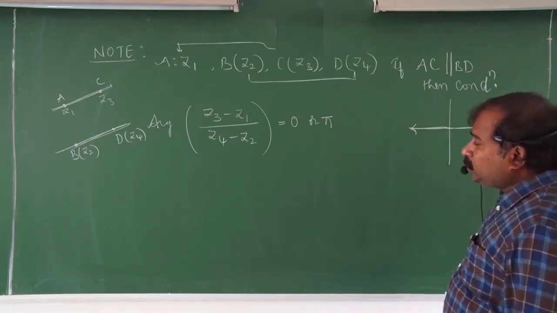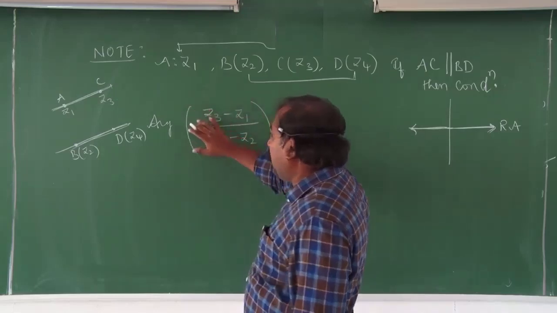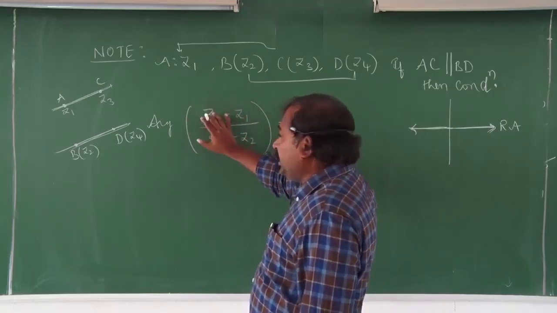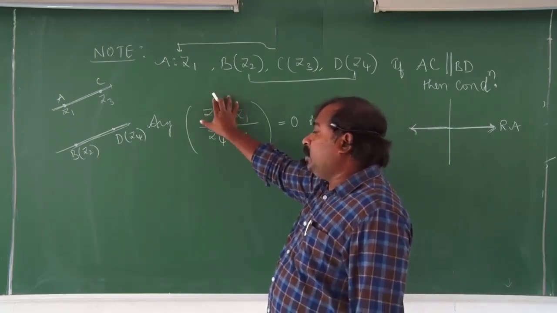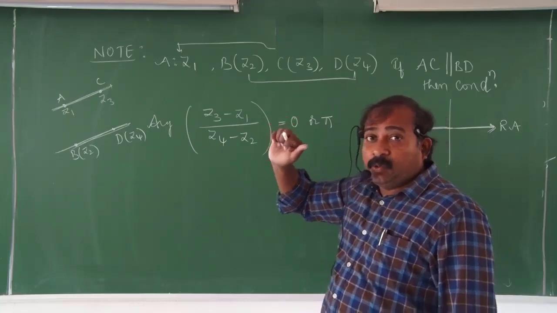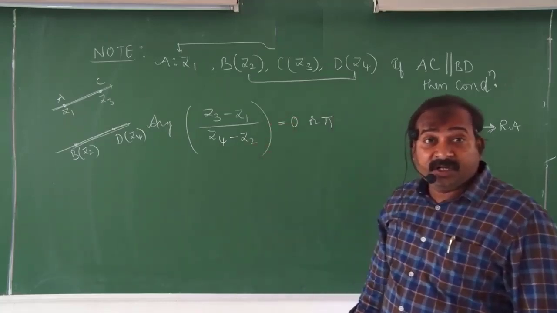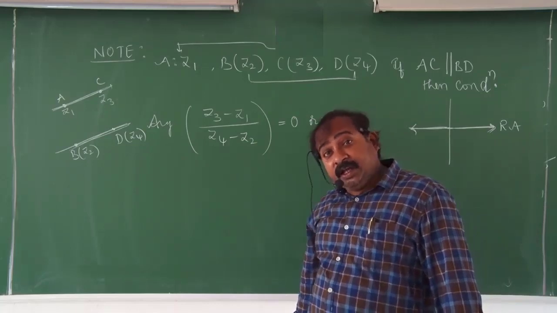So according to the given data, you can assume this whole thing is one complex number. So if the argument of one complex number equals 0 or pi, what is the nature of that complex number? That complex number is purely real.